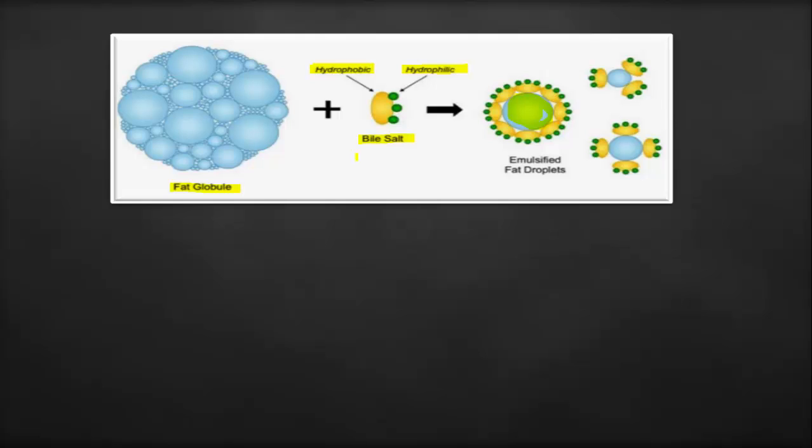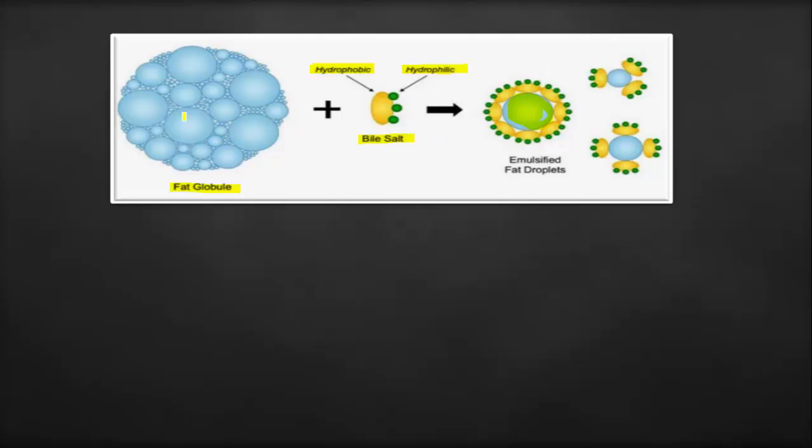And remember, digestion or breakdown of the molecules by the enzymes is a hydrolytic process. That means it requires the involvement of water, so the hydrophilic part of the bile salt is outwardly directed when it is attaching or combining with the smaller fat globules.